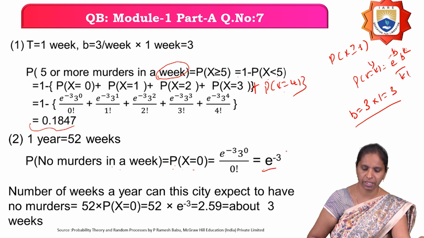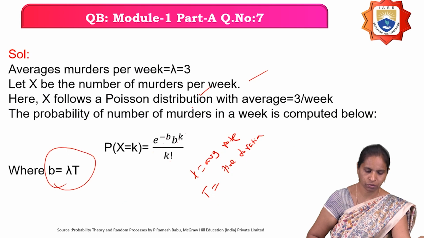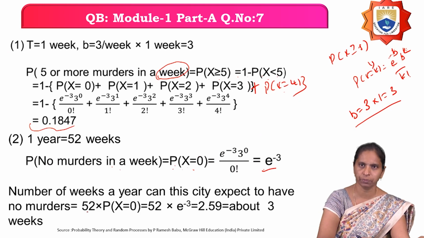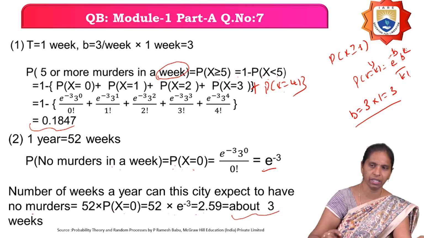Next, they have given a year as the time duration. 1 year means 52 weeks. So 52 into P of x equals 0. Therefore 52 into e power minus 3 is about 2.5. It means almost 3 weeks in a year will not have any murders.